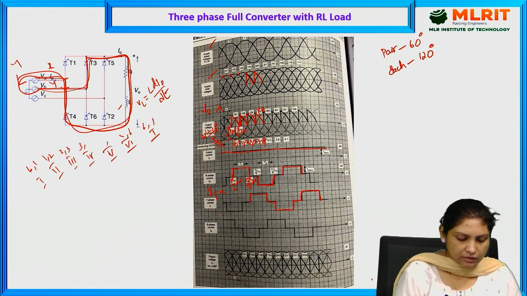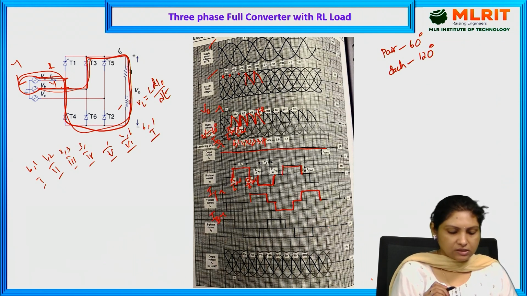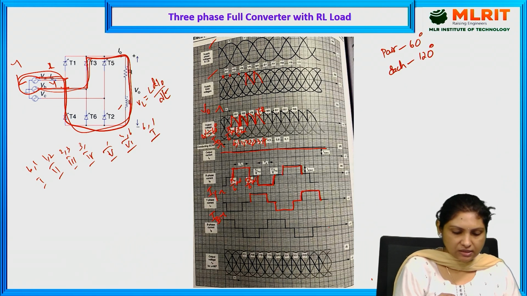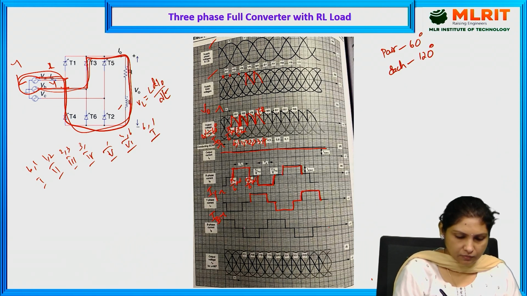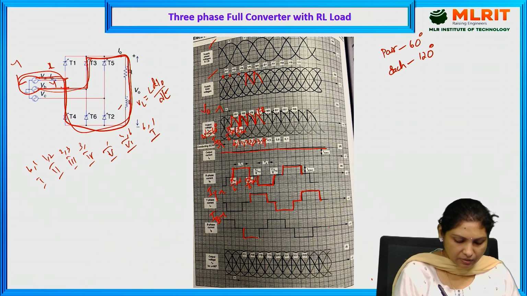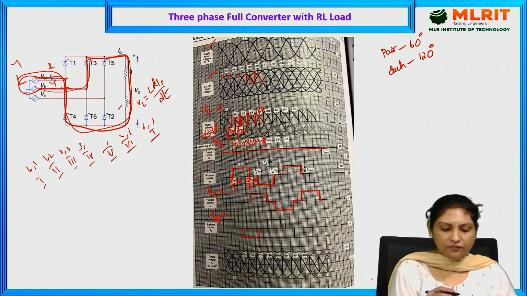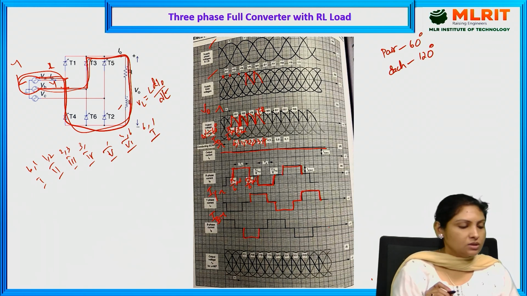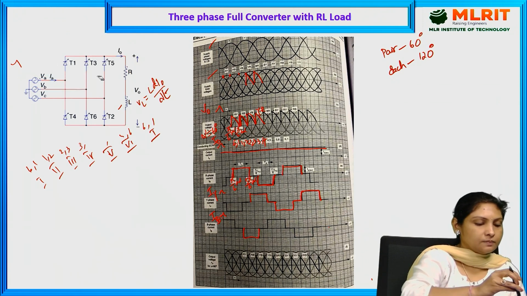And similarly B phase, IB phase, current through the B phase. See here, current through the B phase in the sense, whenever B phase is conducting, you will get negative RB and YB, during which the current will be negative. Why is it so? See here, RB and YB.